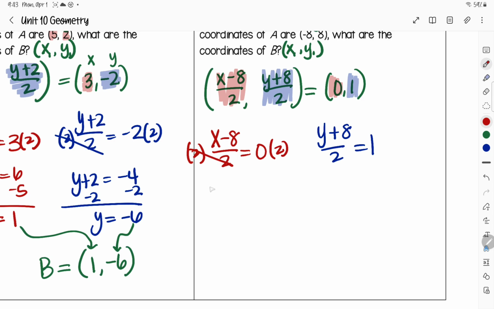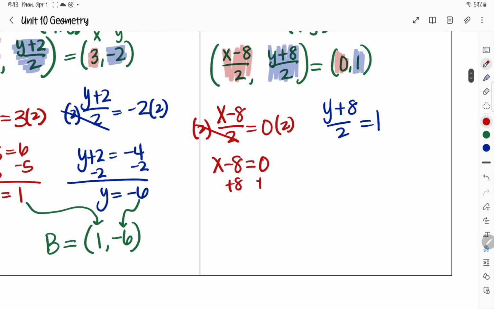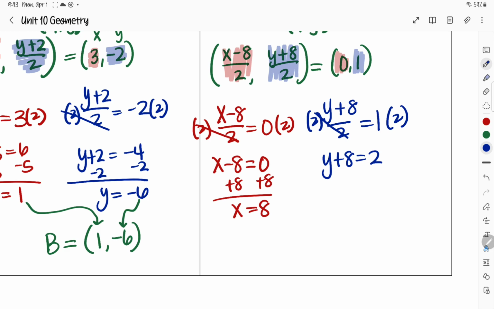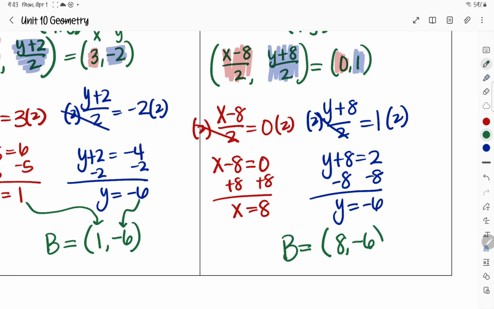So x minus 8 equals 0, because 0 times 2 is 0. Add 8 to both sides, x equals 8. Over here, multiply both sides by 2. y plus 8 equals 2, because 1 times 2 is 2. Subtract 8 from both sides, y equals negative 6. So the ordered pair for B is the point 8, negative 6.